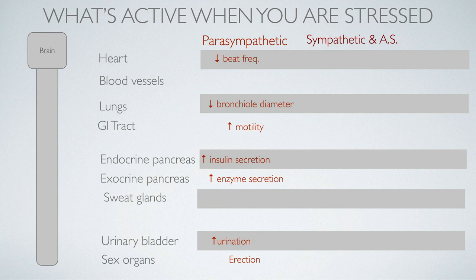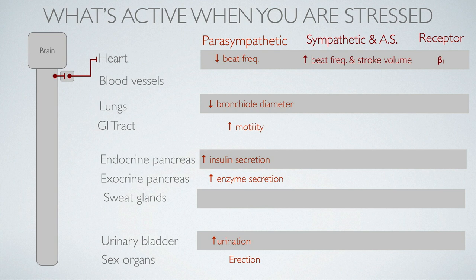So that's the case for the heart, sort of. For the heart, sympathetic activity causes an elevation in beat frequency. That's acting on those pacemaker cells that I mentioned. But it also acts on contractile cells in the interest of increasing stroke volume. And both those pacemaker cells and contractile cells have beta 1 receptors.